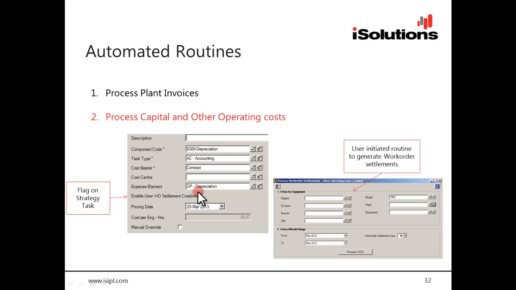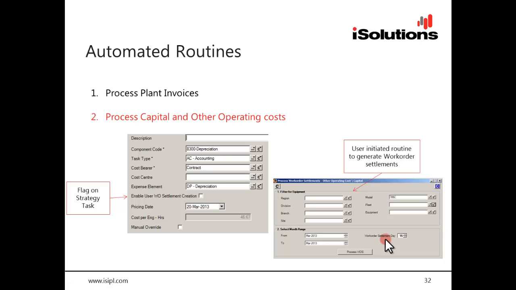And so first of all, that flag needs to be checked at the strategy task. And then secondly, it is a user-initiated routine where each month your administrator would say, right, we want to process these transactions or generate these work orders, and you can nominate the date of the work order as well. Generally, it'll be the middle of the month that you'll have it dated.